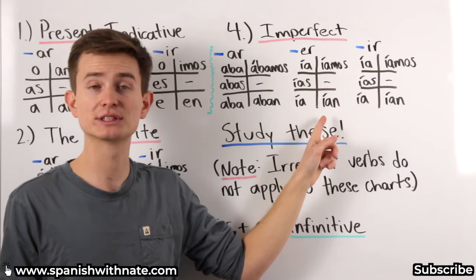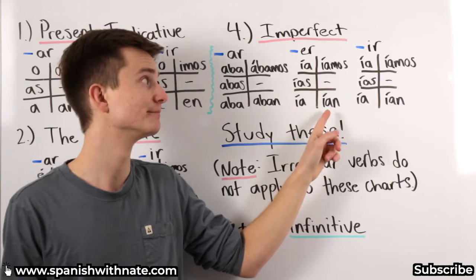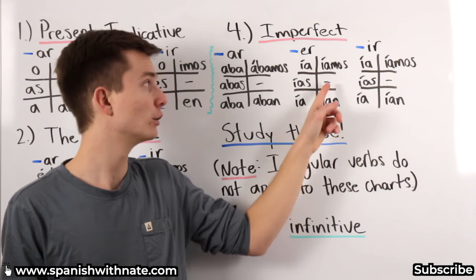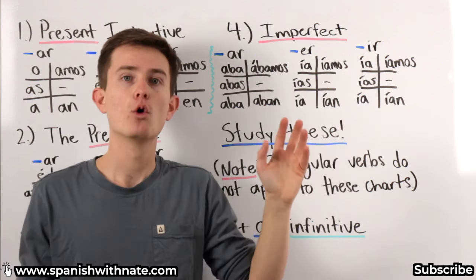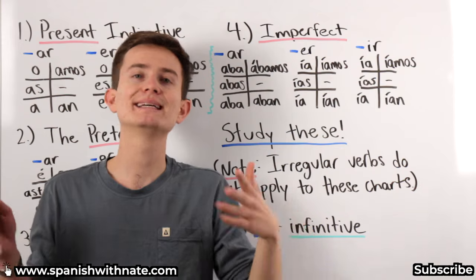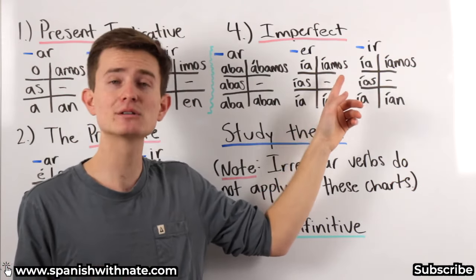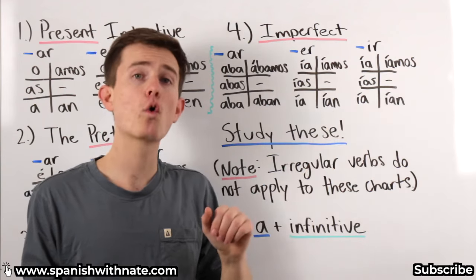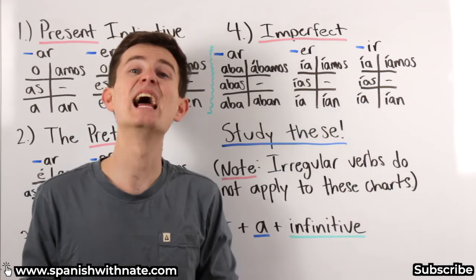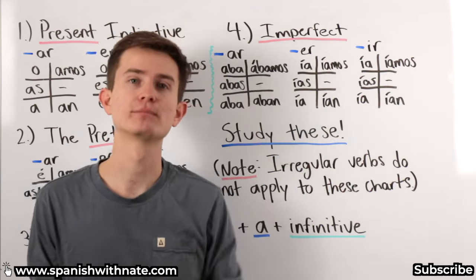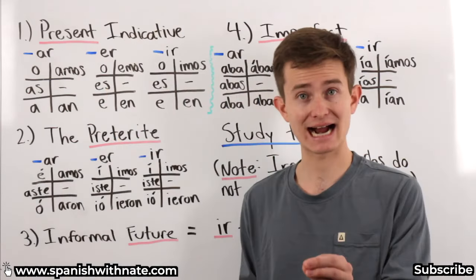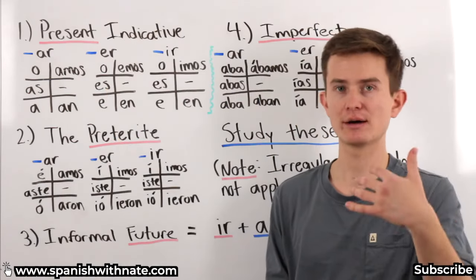Ellos, ellas, ustedes bebían. Okay? So if I want to say, for example, we were drinking water when he came in. Nosotros bebíamos agua cuando él entró.